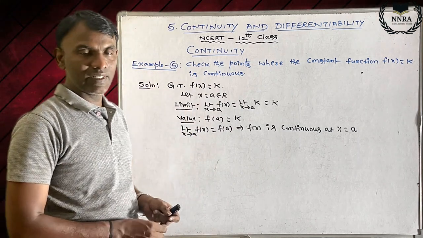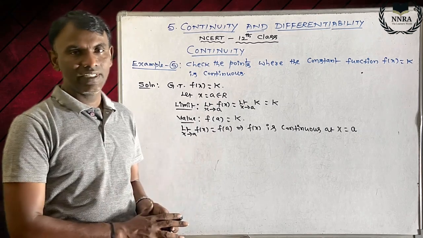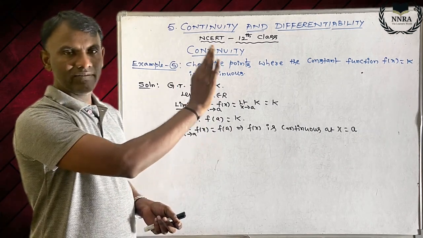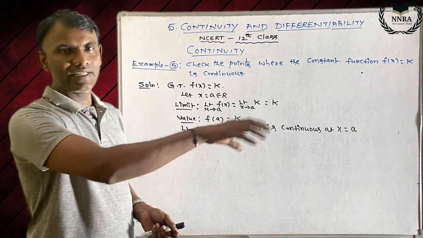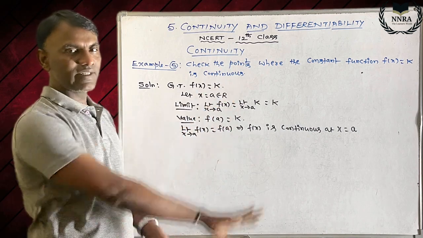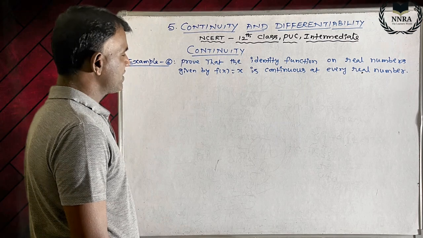If a = 1, both are same. a = 2, both are same. a = 3. So for any value of a, limit and value both are equal to k only. Then we say that it is a continuous function at the point x = a, where a belongs to R. Clear? Now this is example number 6.